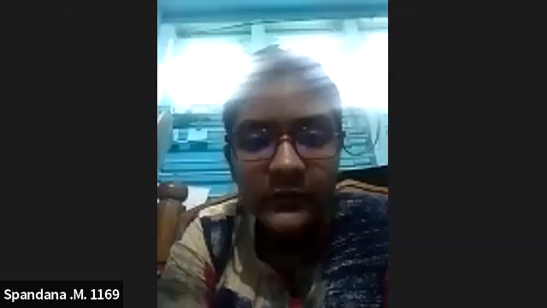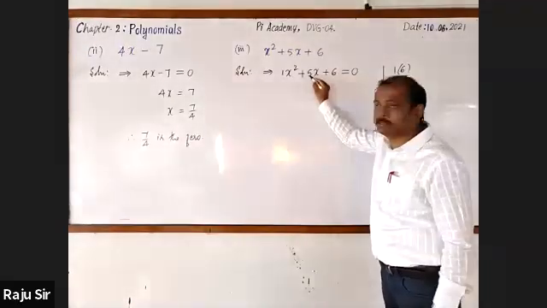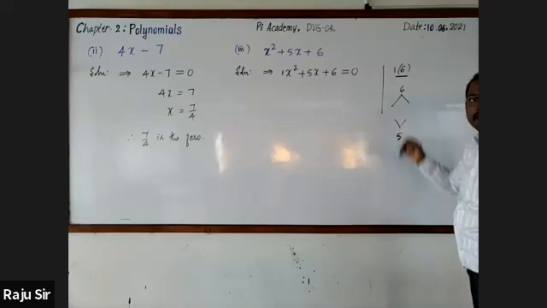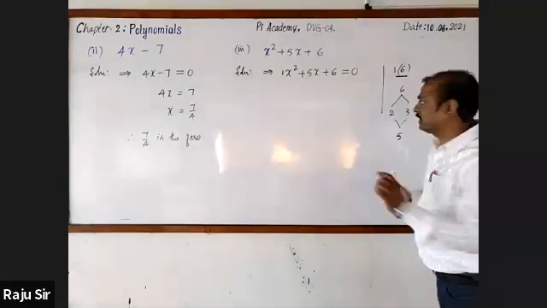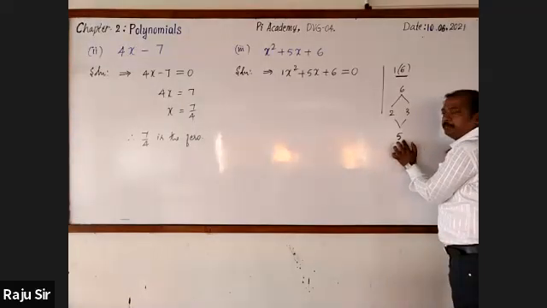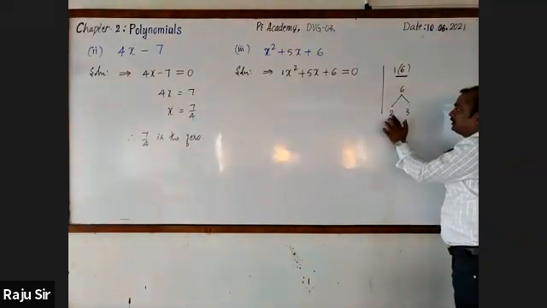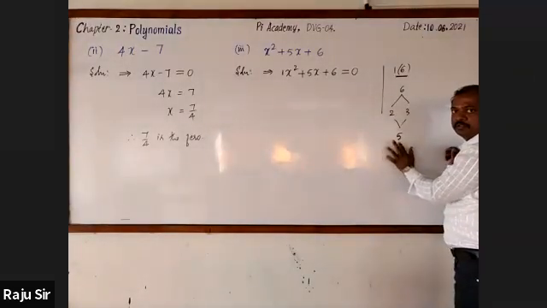And you have to find the factors of 6 such that you get the middle term, which is 5x. 2 and 3. What are the factors of 6? The factors should be such that when you add them you get the middle term, and when you multiply you get the product 6. 2 threes are 6, and 2 plus 3 is 5.